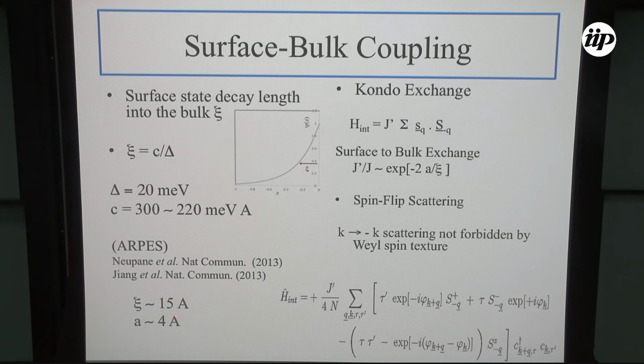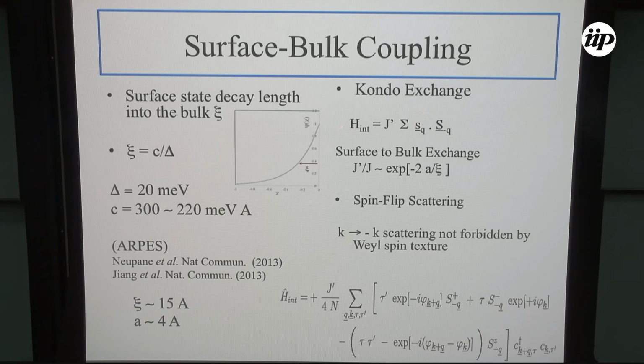So these things can actually extend quite deeply into the bulk, of the order of 15 angstroms, from ARPES experiments by Neupane et al. And this has to be compared with the lattice parameter of 4 angstroms.